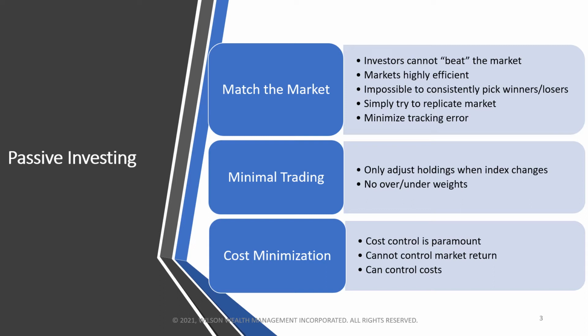And that's where you use statistical models to determine a sample size that will provide the exact same return, mirroring the movements of the market as a whole. Maybe that's 100 out of the 500 stocks in the S&P 500. By only having to buy, say, 100 instead of 500, that's going to save a little bit of cost.